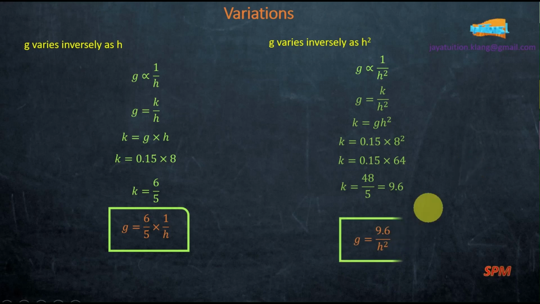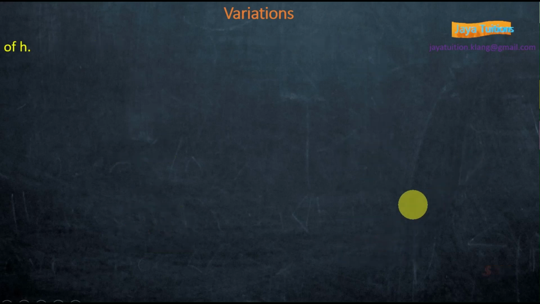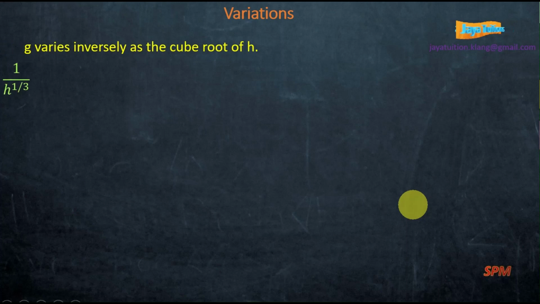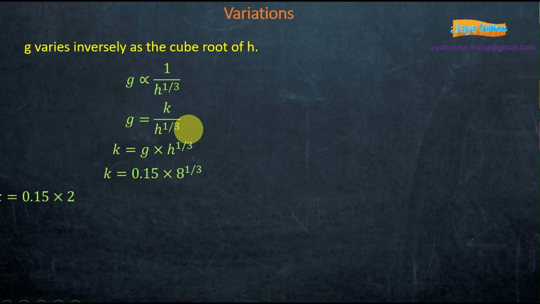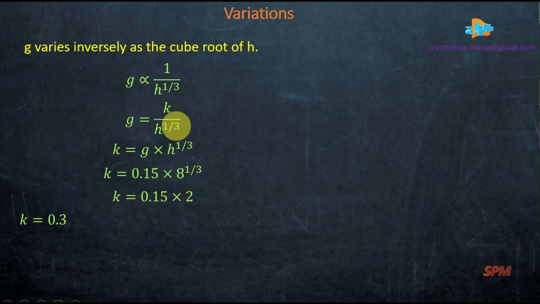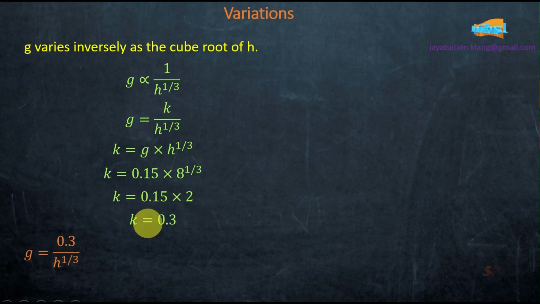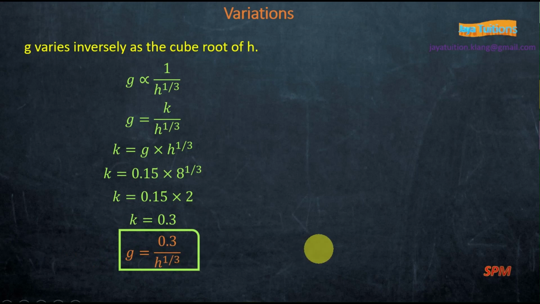So g is equal to 9.6 divided by h square. Here g is inversely proportional to the cube root of h, or g is equal to k divided by h to the power of 1 by 3. You get the value of k, hence you get the value of g. g is equal to 0.3 divided by cube root of h, or h to the power of 1 by 3.